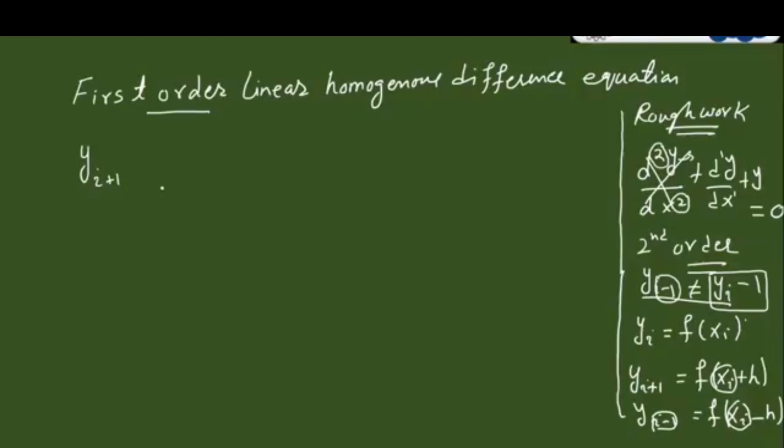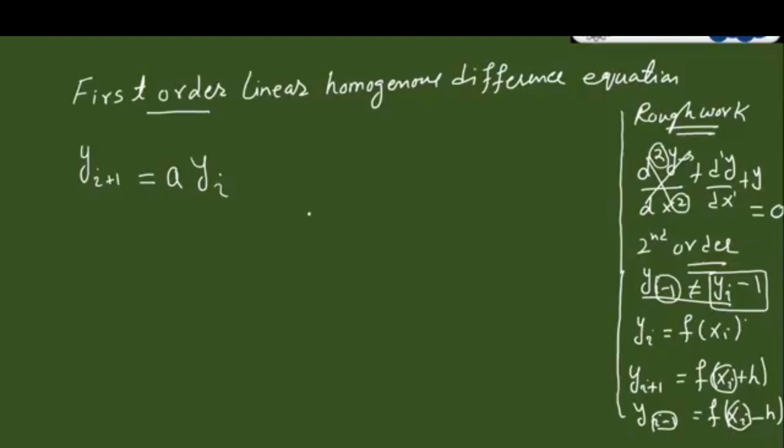So what equation do we call first order? Equal to, for example, some number, let's say a, a constant, and y_i. First of all, why is it a difference equation? Because the indexing represents that the data are discrete.